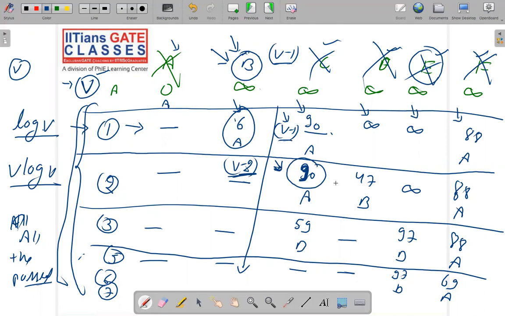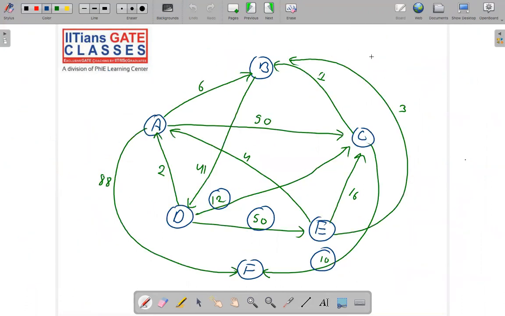So here, B cannot reduce E because there is no B to E edge, no direct edge.